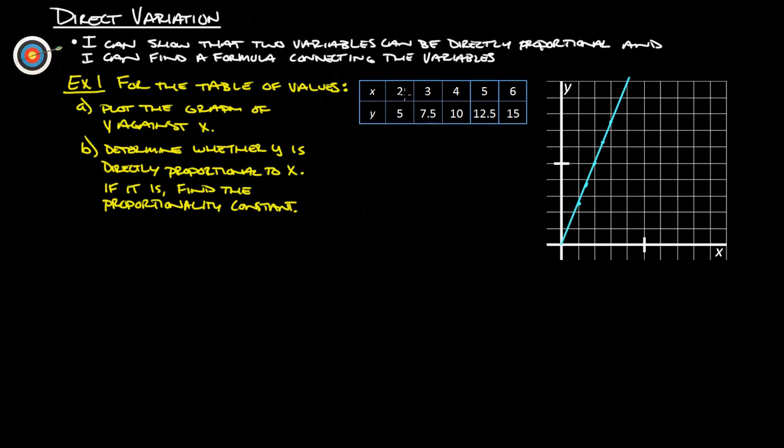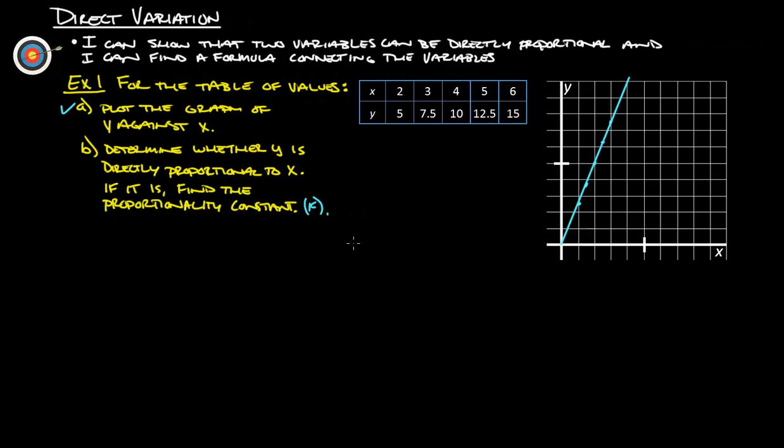So we've graphed our line there. Now determine whether y is directly proportional to x. If it is, find the proportionality constant. Yes, it makes a nice straight line that goes right through 0, so it's directly proportional. Now we're going to find the proportionality constant, which we call k.